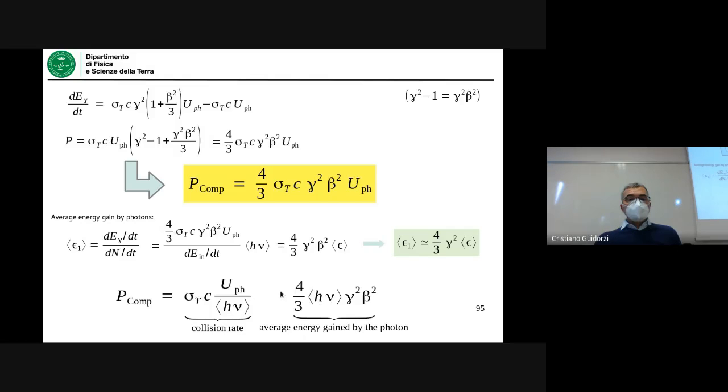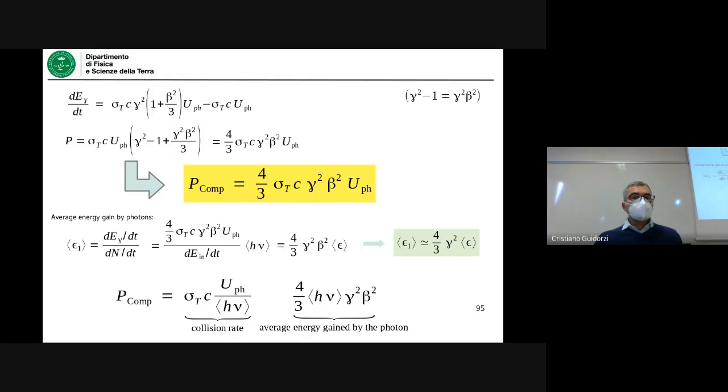And this is very meaningful because, let's look first at this term. This is again the average energy gain, so how much energy is gained by a generic photon, on average, of course, times the so-called collision rate. So how many photons are met by the electron per unit time?